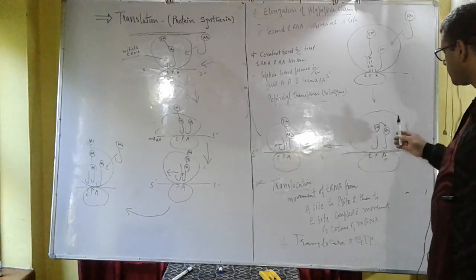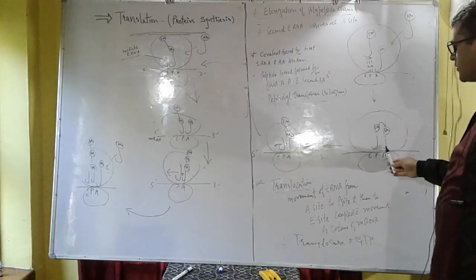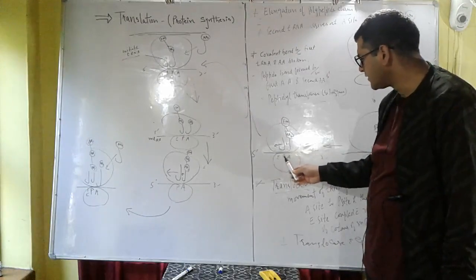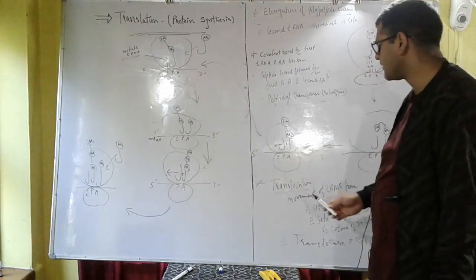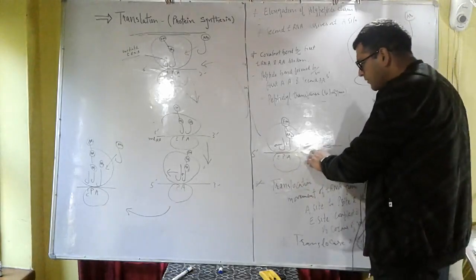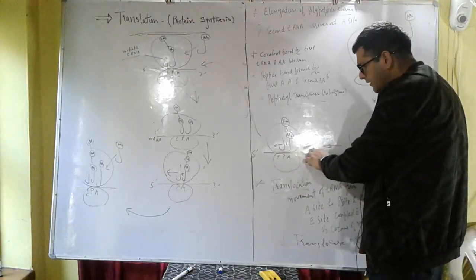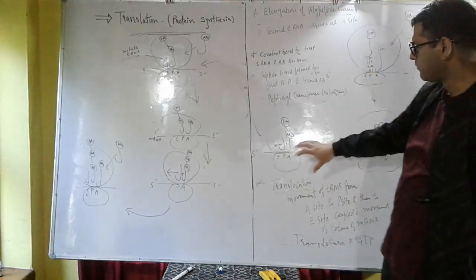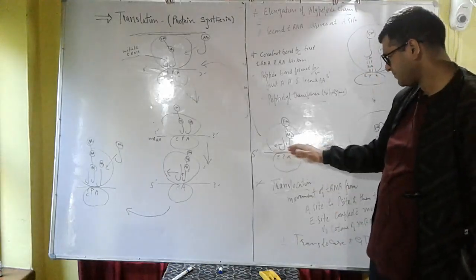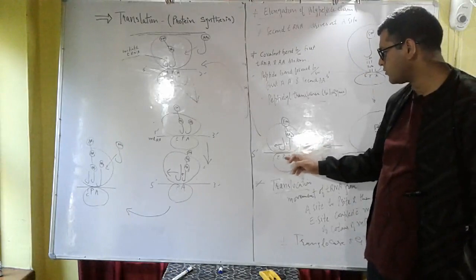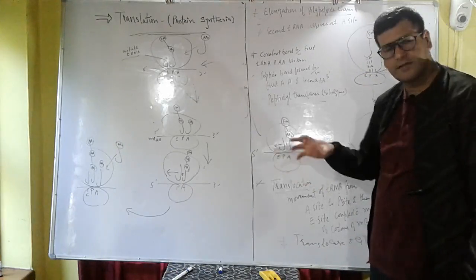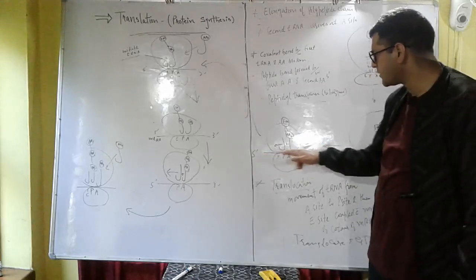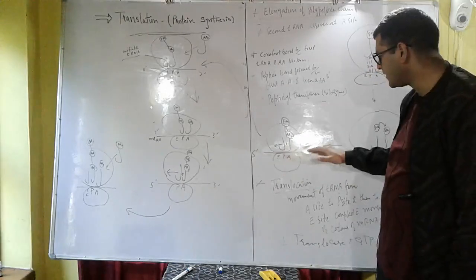Translocation means the sequential shifting of tRNA from the A site to the P site and from the P site to the E site, coupled with the movement of the codons of the mRNA. That means when the tRNA moves from the A site to the P site, simultaneously the codons present on the mRNA move.